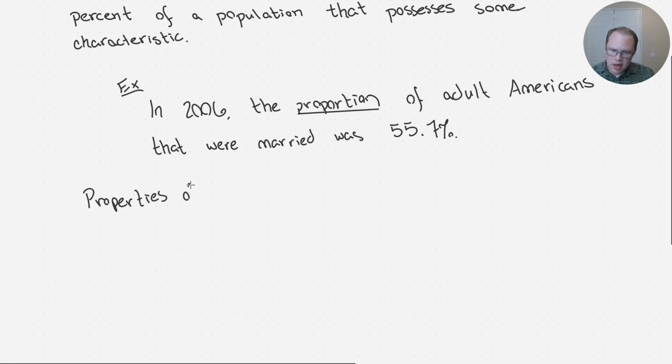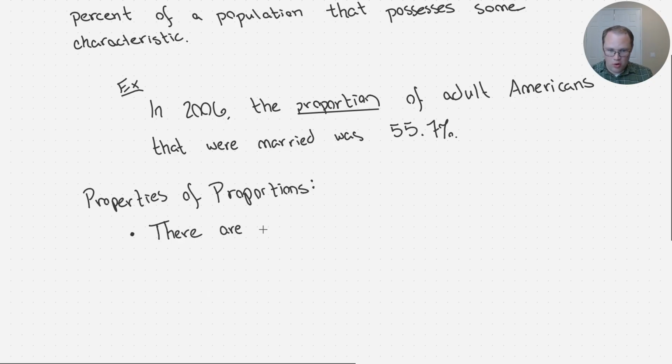Properties of proportions. First, when we're measuring a proportion, there's only two possibilities. Either a member of a population possesses the characteristic we're looking for, or they do not.